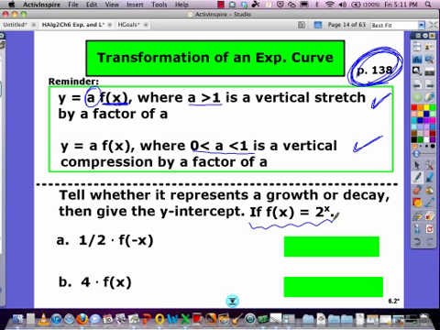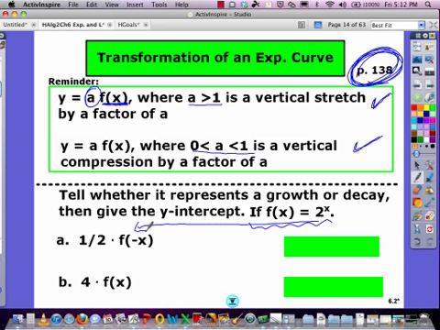But now they're saying take that parent function and compare to what you see here. So they want to say, okay, we're taking f of negative x of that same situation, and you're multiplying it by 1/2. So if you want to put that equation into your calculator to graph it, that'd be one way to do these.